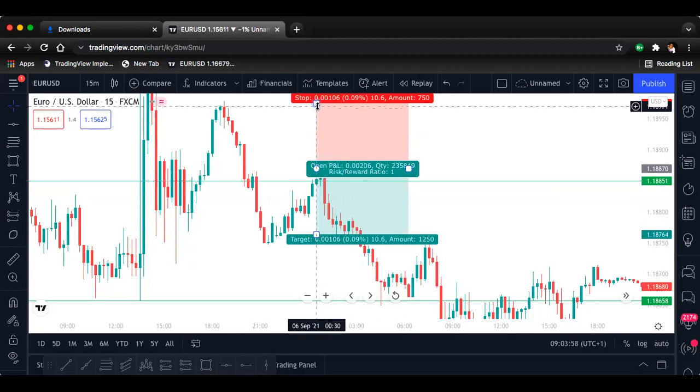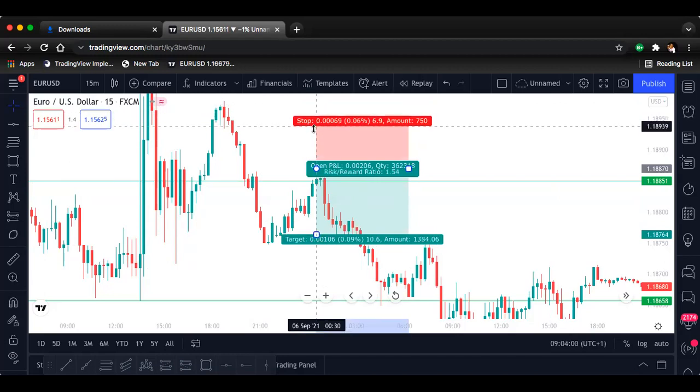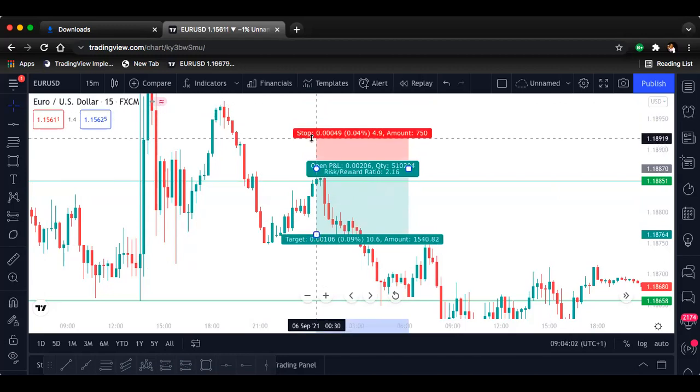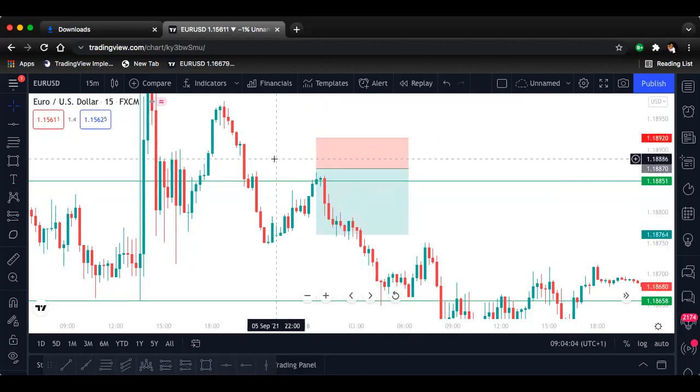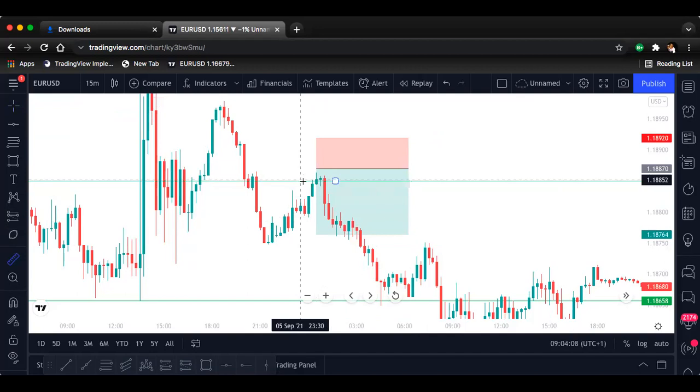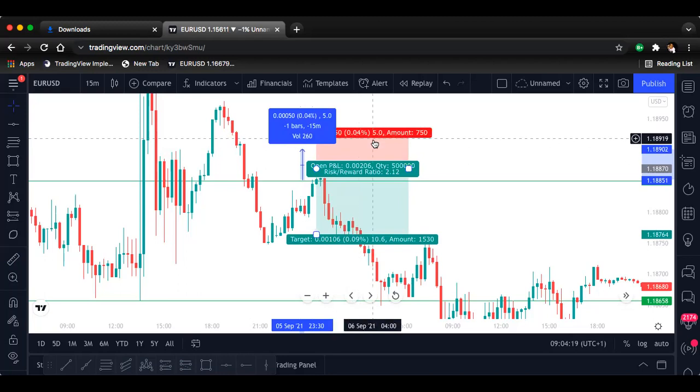Okay, this is risk reward now. I'm interested in a 5 pips stop loss. This is measure. You can as well use measure to check for your 5 pips. So this is 5 pips. I'm dragging this down to that point.